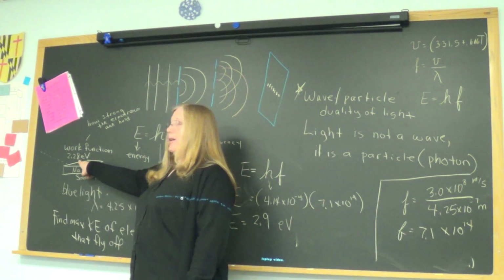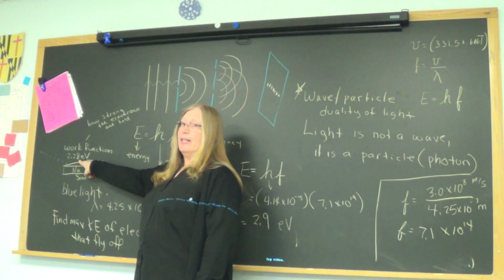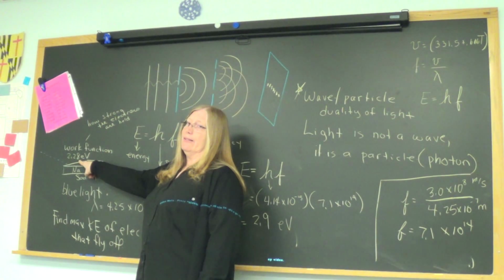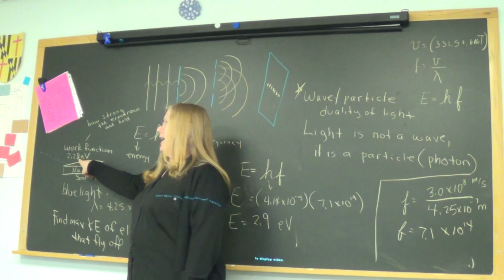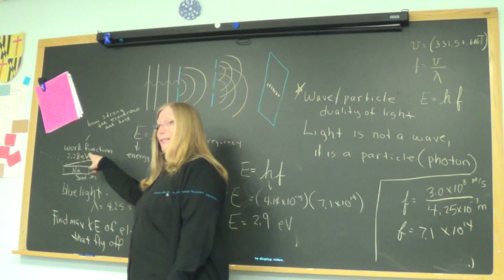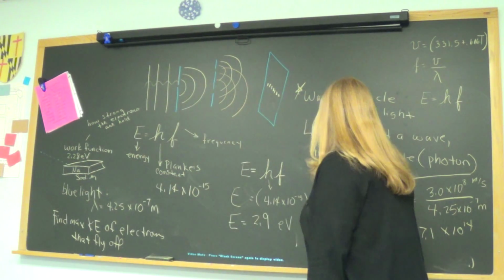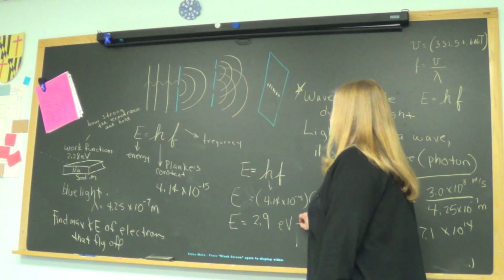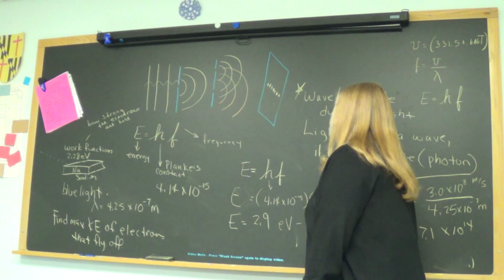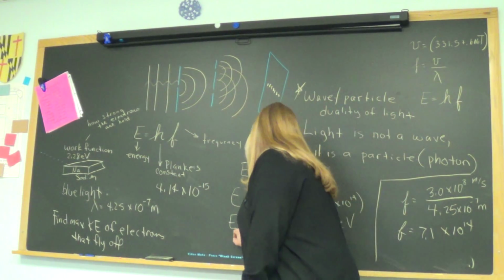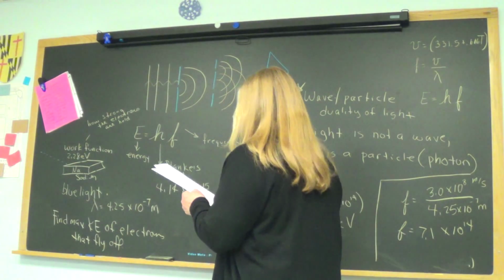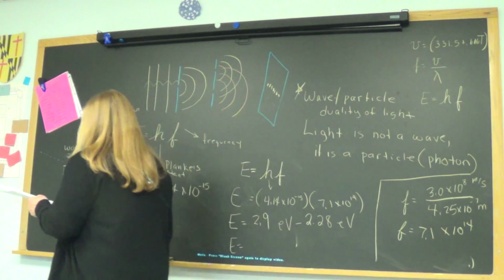No electron would fly off until this much energy entered the metal. It took that much energy just to get the electron to leave. So we're going to have to subtract this from our e-volts to see how much the electrons that flew off actually retained. So what is 2.9 minus 2.28?